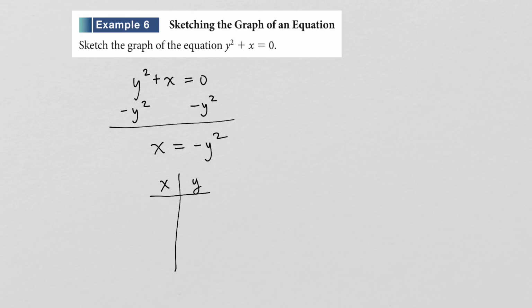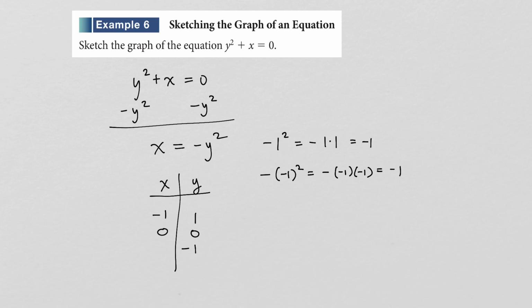So for example, if y is 0, then x is -0 squared, which is 0. If y is 1, right, x is going to be -1 squared, which really means -1 times 1, which is -1. And if y is -1, then we get -(-1) squared, which is -1 times 1, which is, again, -1.